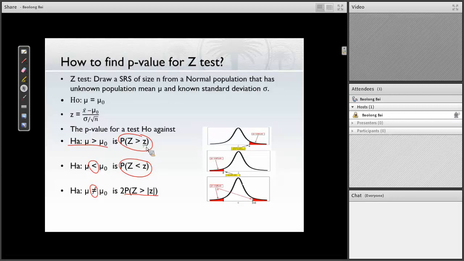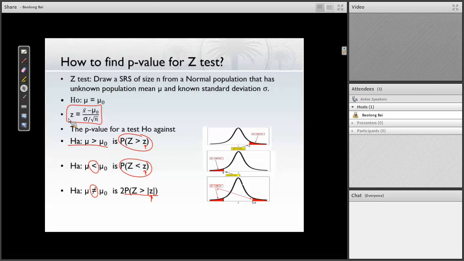And this z statistic is calculated based on our standardization of x bar into z from the derivation we had earlier. We standardize x bar into z because x bar has a normal distribution based on the central limit theorem. Okay. So when you look at the 3 different p-values, if you put them into the density curve, for the top 2, the p-value comes from one side of the tail.